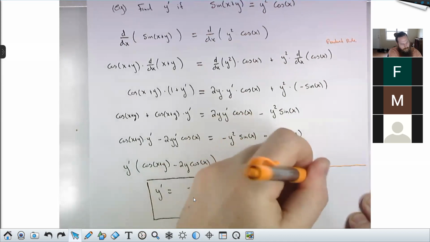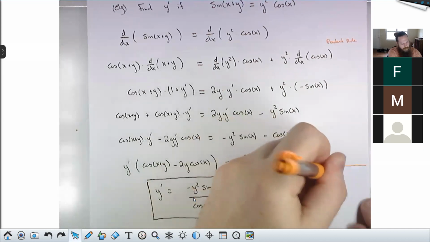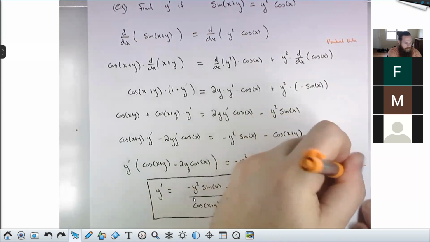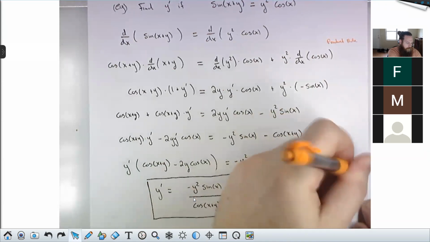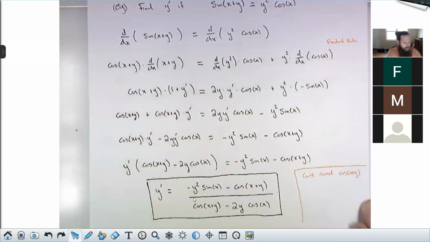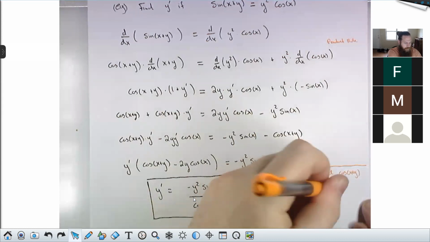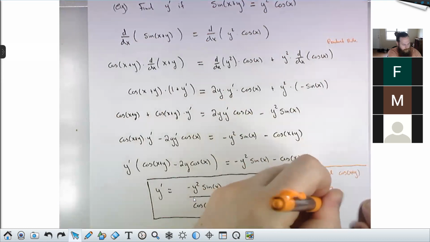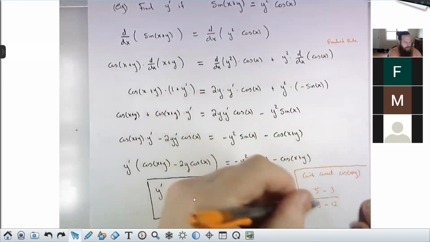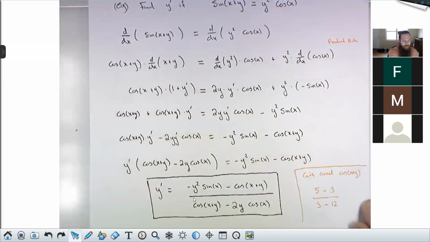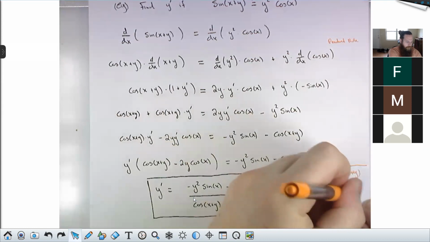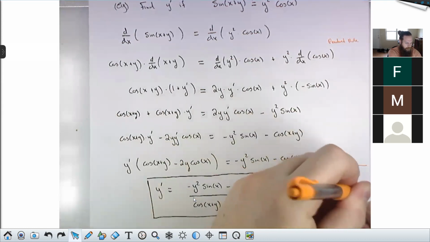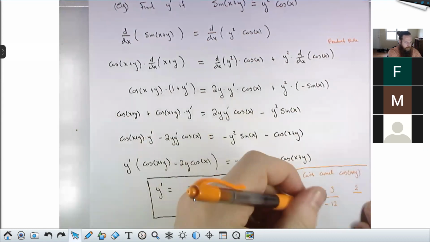Can't cancel cos of x plus y. Think of it this way, if I had something like 5 minus 3 over 3 minus 12, can I cancel the 3's? Well, 5 minus 3 is 2. 3 minus 12, what's that?